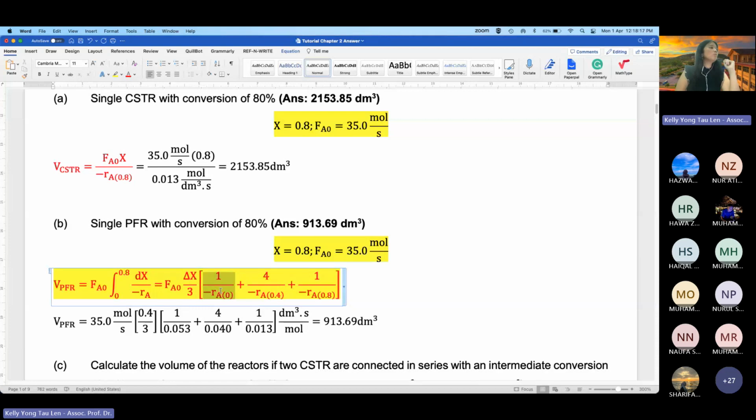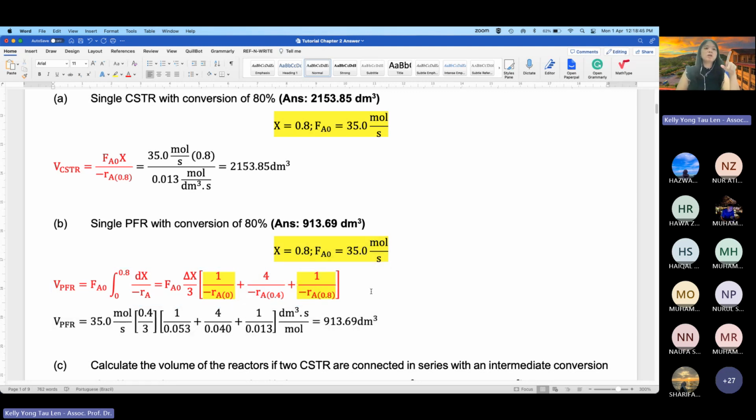So the first point is 1 per minus RA when X is 0, and the last point is 1 per minus RA when X is 0.8.